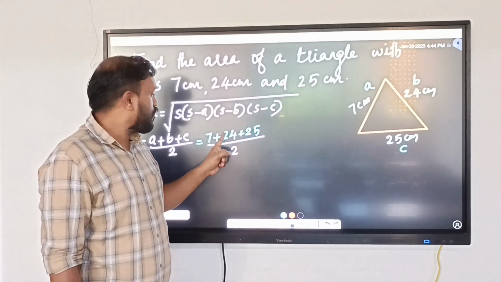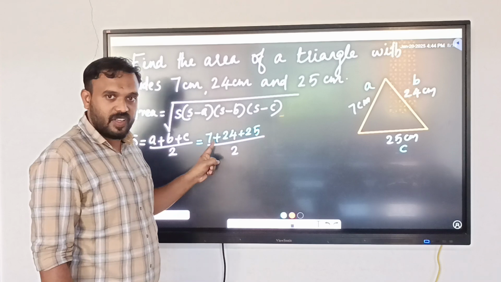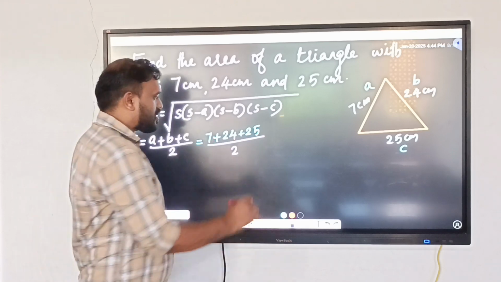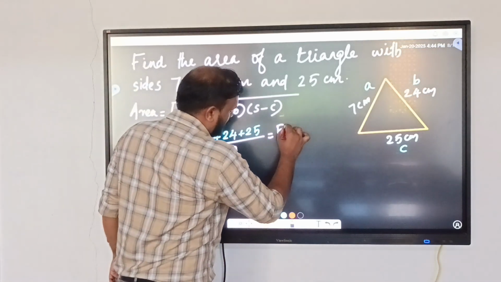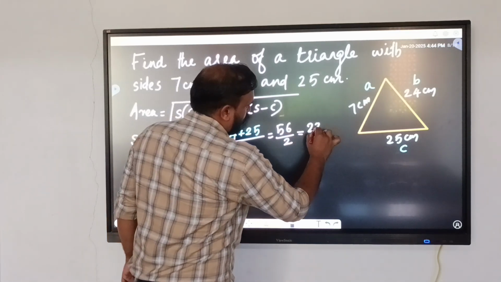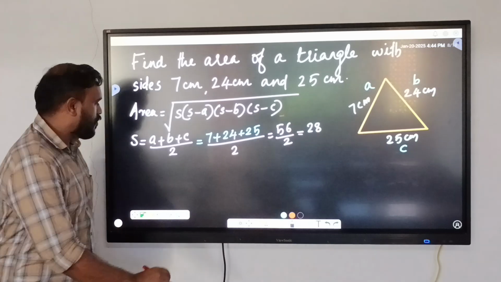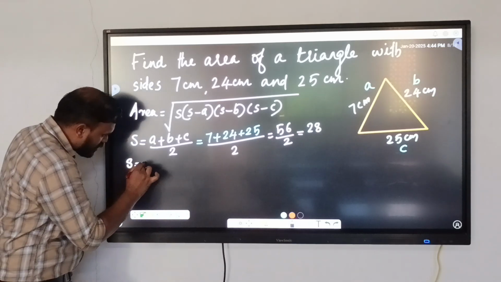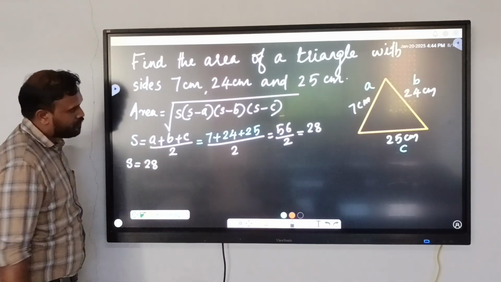That will be 49, plus 7 will be 56. So 56 divided by 2. What is half of 56? It will be 28. So we got the value of S equal to 28.